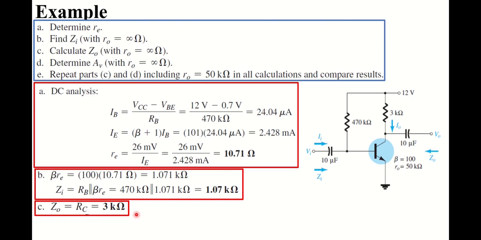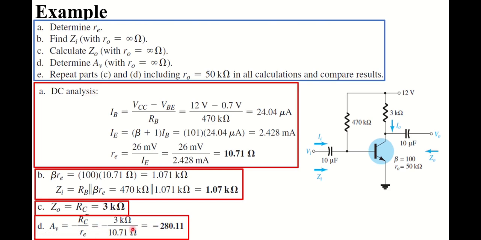The same reason can be applied while solving part D, in which we need to determine the value of voltage gain AV, whose actual formula is minus RC in parallel to R0 over RE. But as R0 is greater than 10 RC, therefore value of AV can be found by using the formula of minus RC over RE.